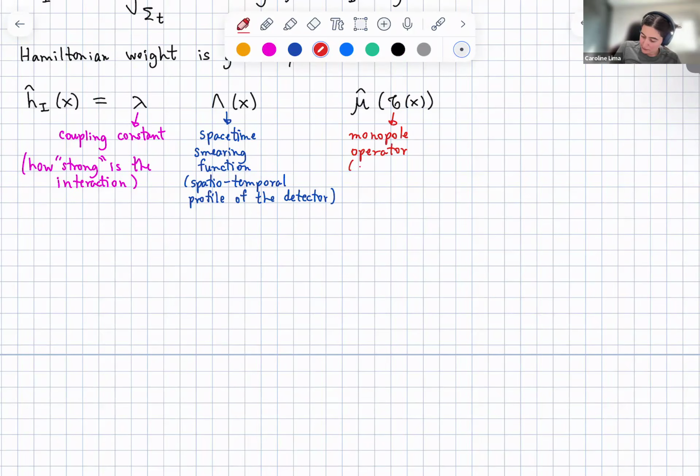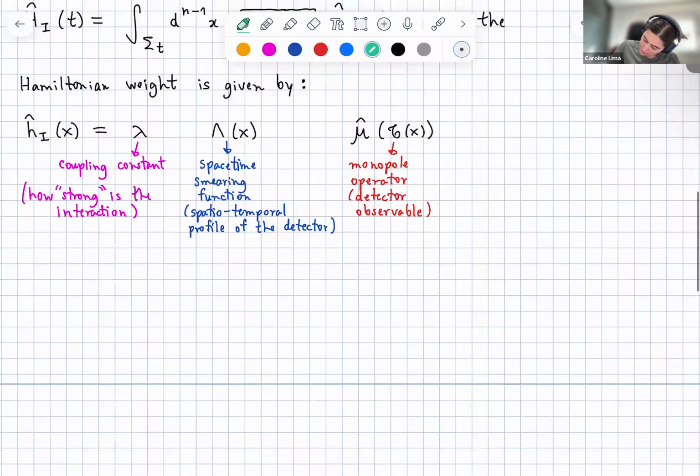This is just a detector observable. And here, this down here is just the detector proper time.